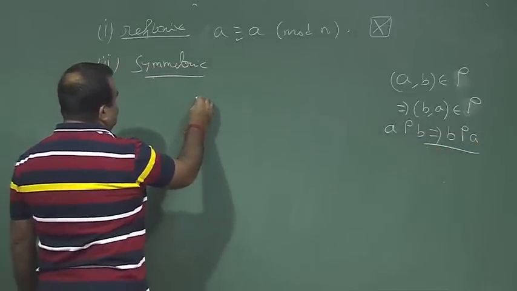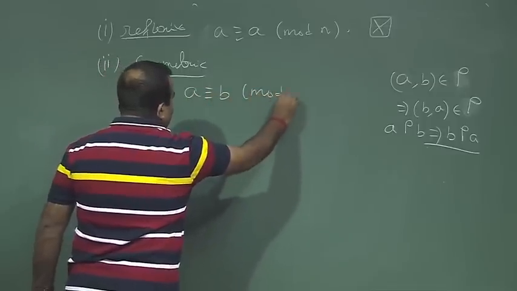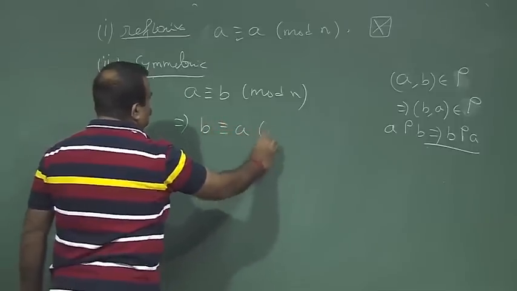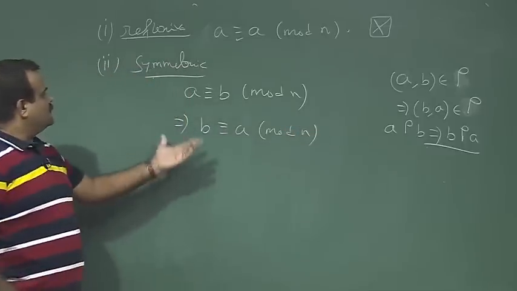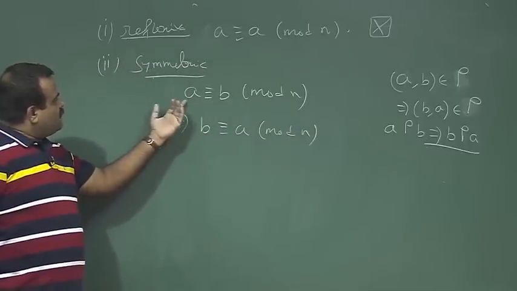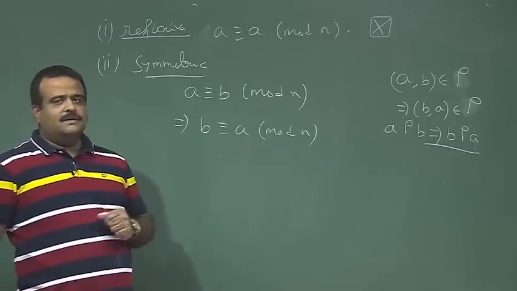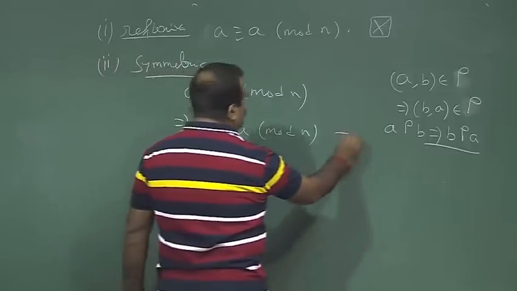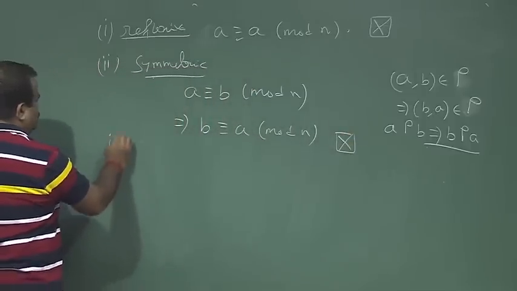So symmetric means if a is congruent to b mod n, then this implies b is also congruent to a mod n. This is also quite obvious, nothing to prove here, because a mod n, the remainder, is the same as b mod n, both ways. So this is also done.